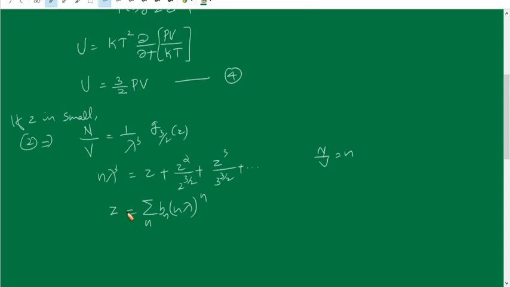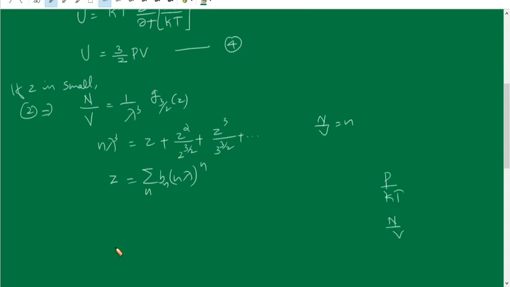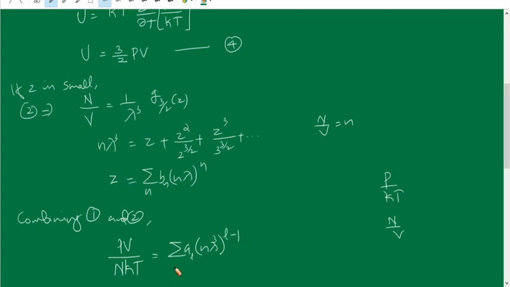Substituting this value in equations 1 and 2, P divided by KT and N by V, combining expressions 1 and 2, we get PV divided by NKT equal to the summation over l of a_l (N lambda cube) raised to l minus 1, where l is equal to 1 to infinity.